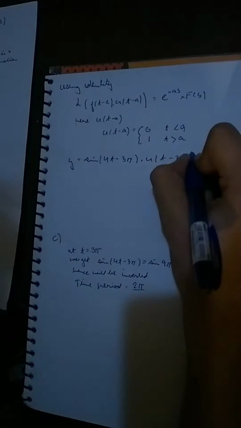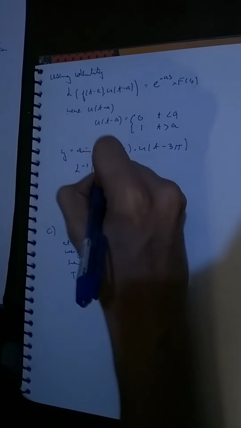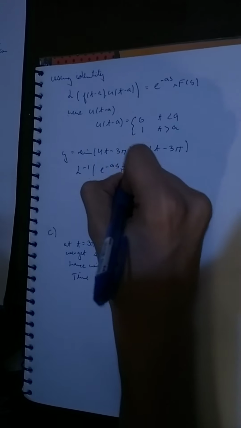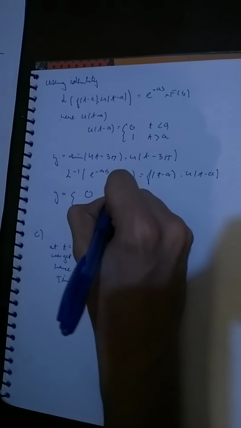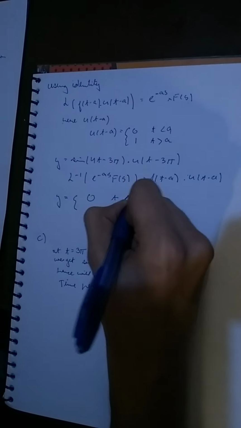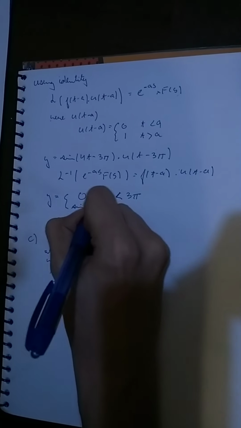This comes from this, as we'll use this. So now from this the solution will be 0 for values of t less than 3π and sine(4t minus 3π) for values of t greater than 3π.